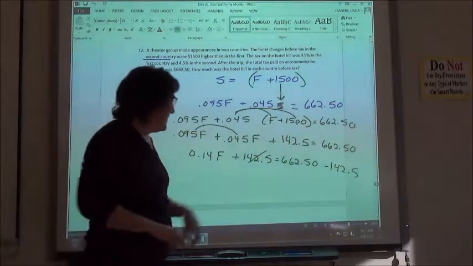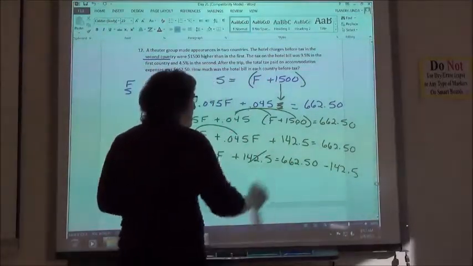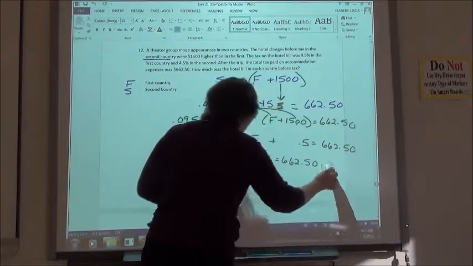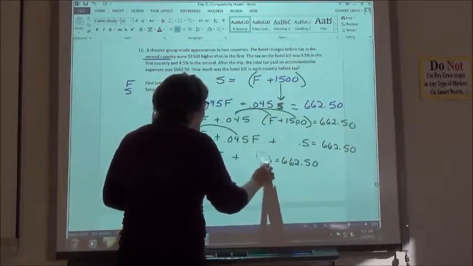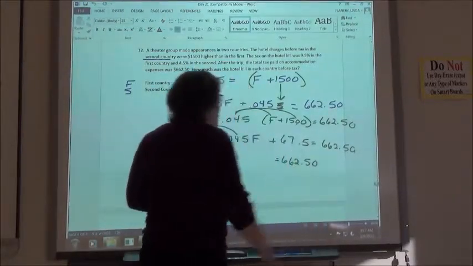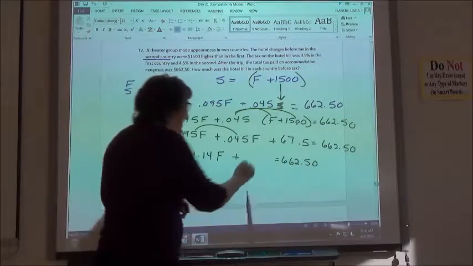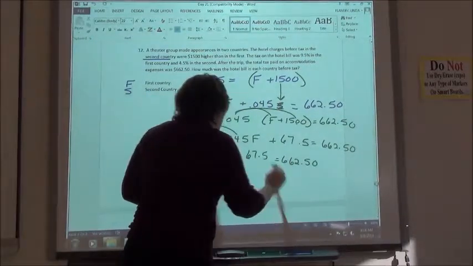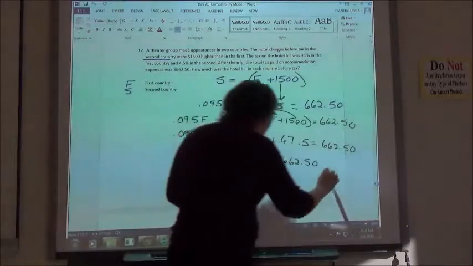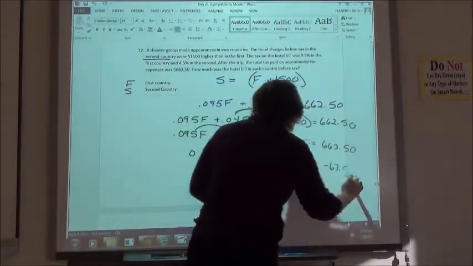That's what I'm getting. We might as well fix that before we get too far. 67.5. That one sounded kind of big. All right, so we've got to subtract our 67.5 when we move that over.